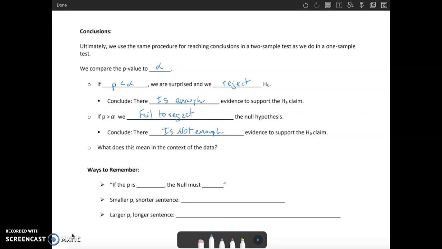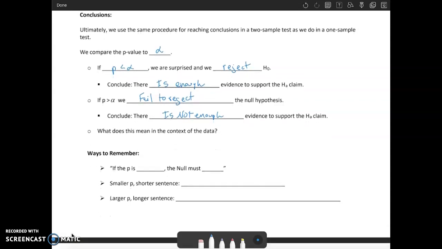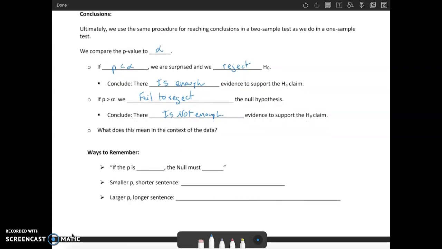Again, just a reminder of my kind of silly ways to remember what you do when: if the p is low, the null must go, or a smaller p leads to a shorter sentence, where we simply reject, and a larger p leads to a longer sentence, which is we fail to reject.